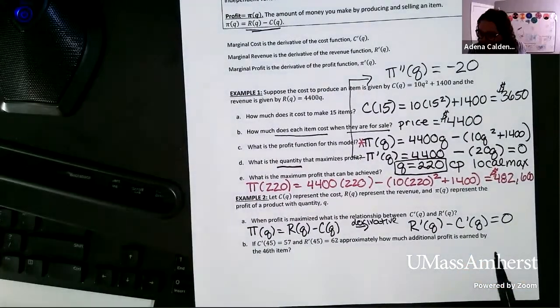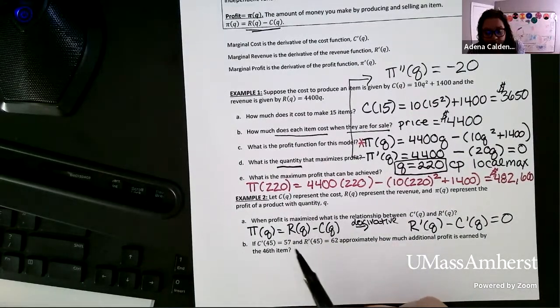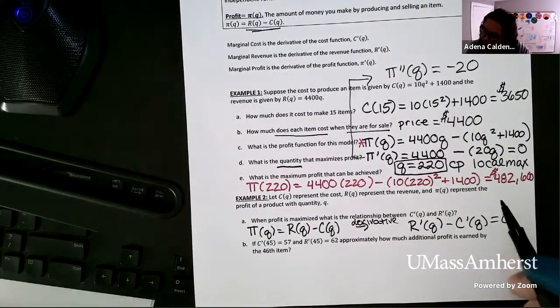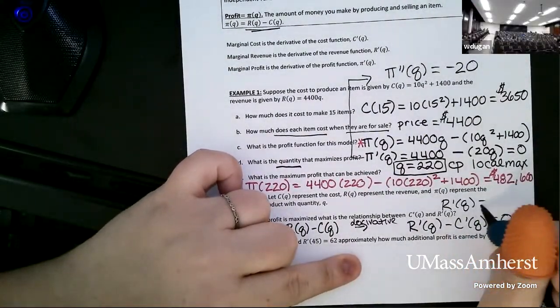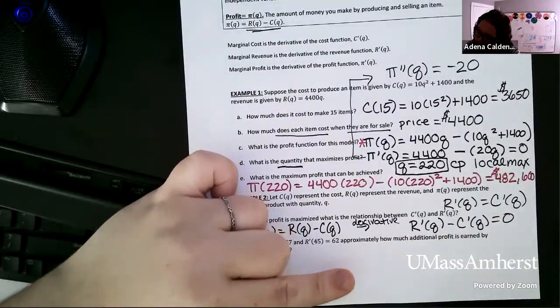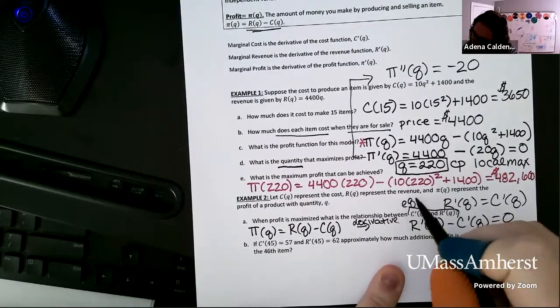And we want to know when that equals 0. We can write it this way because these were separated by subtraction, so we can take the derivative of each piece. So if the difference between these two is 0, that means that R prime of q has to be equal to C prime of q when we have a critical point. So the relationship between these two is that they are equal.